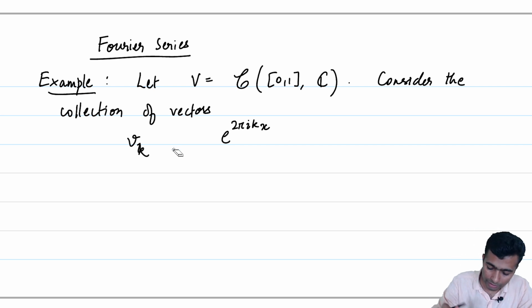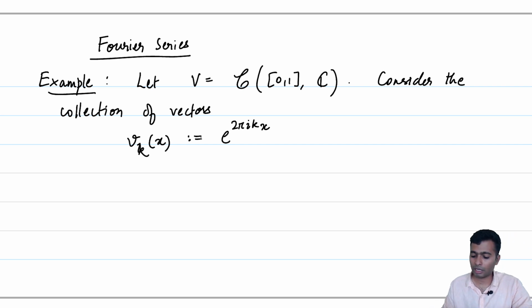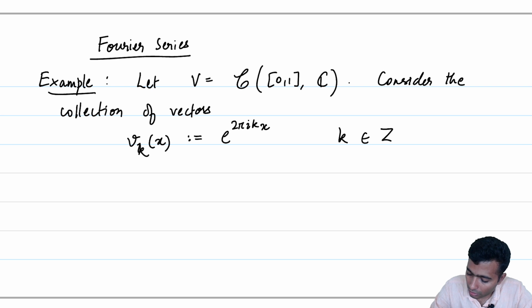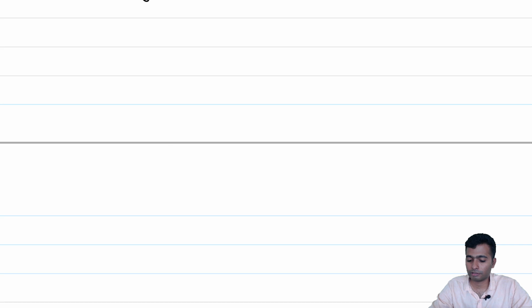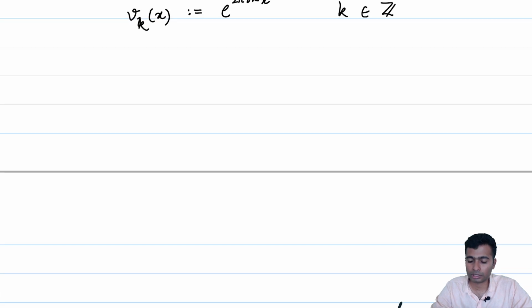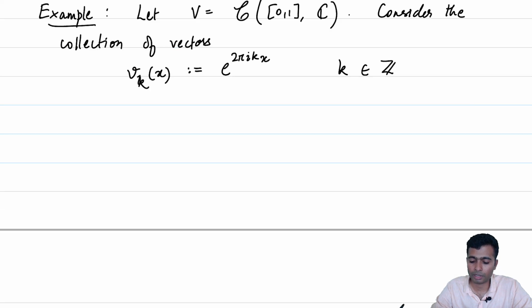Vk is a function, remember. So vk of x is defined to be e to the power 2 pi i k x. And this is being done for each integer, so not just natural numbers. For k equal to 0, for k equal to minus 6, minus 10, for all such integers, we are defining vk of x to be e to the power 2 pi i k x.